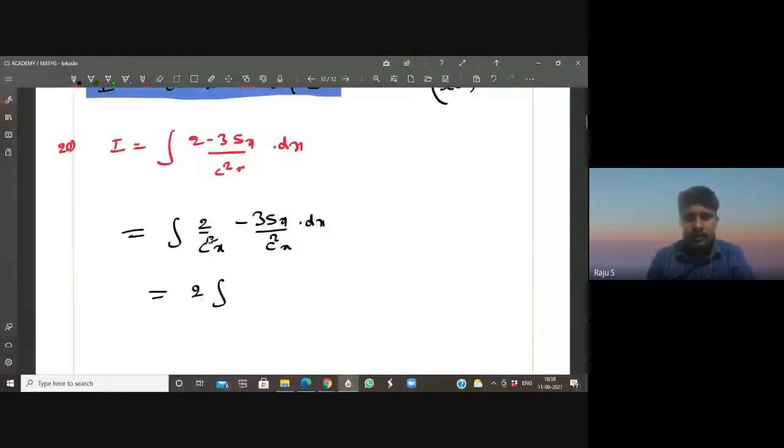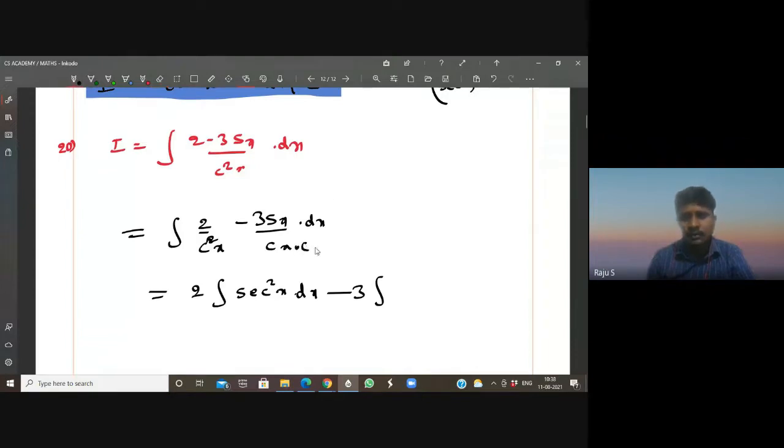2 is a constant, you can take it outside. 1 by cos square becomes secant square x dx, minus 3. Minus 3 is a constant, take it outside. See, shall I write this cos square x as cos x into cos x?